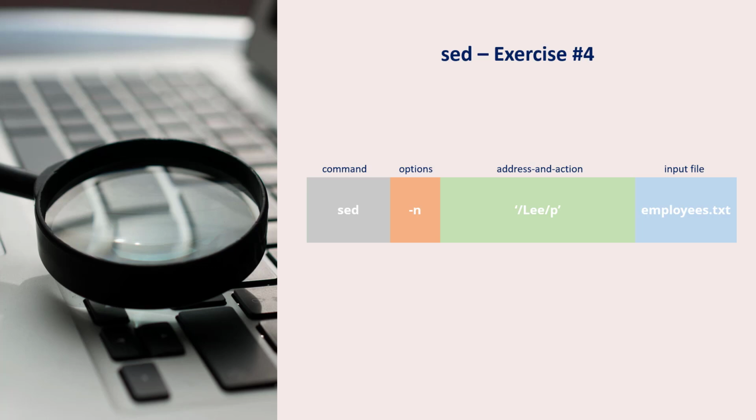So if we use context addressing, sed will search all lines for this pattern that we gave between the forward slashes. If any line contains that pattern, then that line is selected. Because the action is again P, the line is simply output.